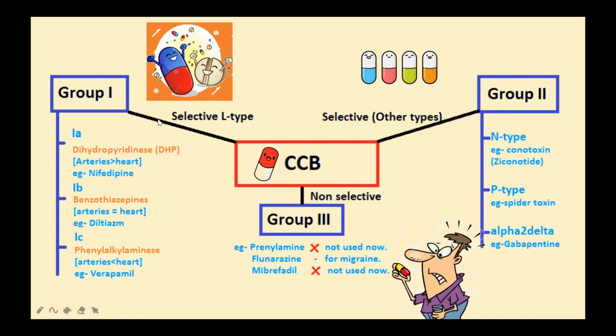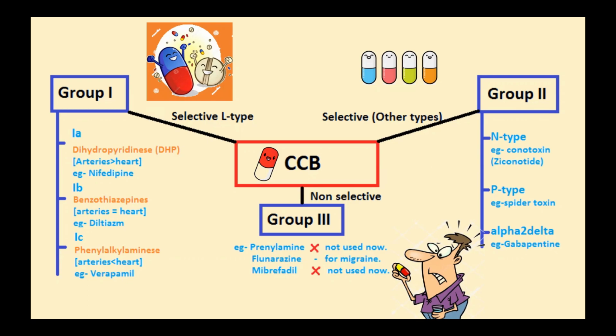Moving on to Group 1, selective L-type calcium channel blockers. These L-type calcium channels are voltage gated and long lasting, referring to the length of activation. They are responsible for many functions. What we need for today's discussion is excitation-contraction coupling of cardiac muscles and smooth muscles in blood vessels.